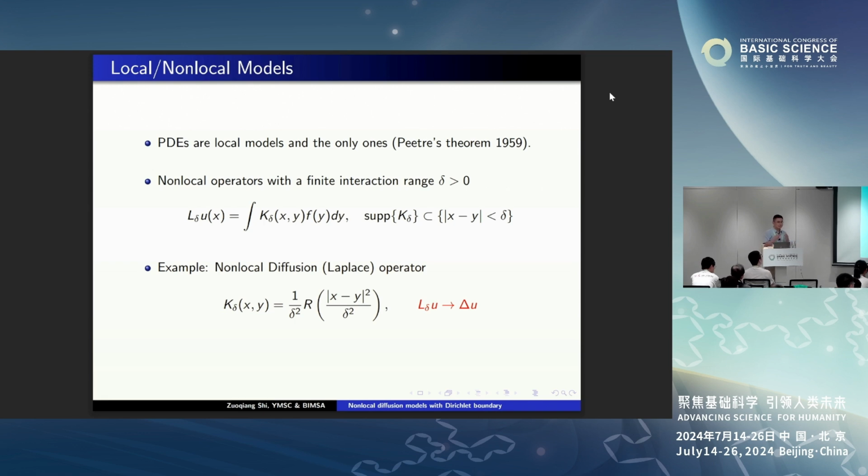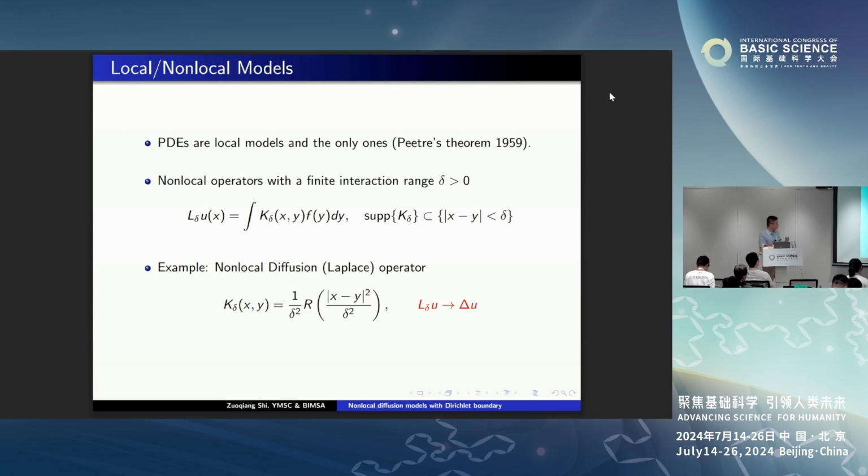In this talk, we will focus on the non-local models which can be written in this integral form, where the kernel has a finite interaction range delta, which means that the support of this kernel is bounded in this area. More specifically, we will focus on the so-called non-local diffusion operator, where the kernel function is given in this form.